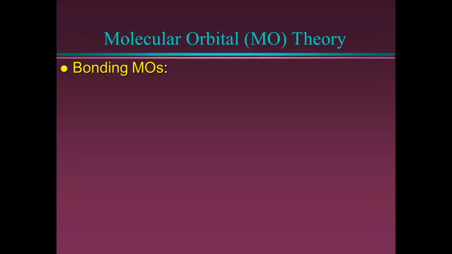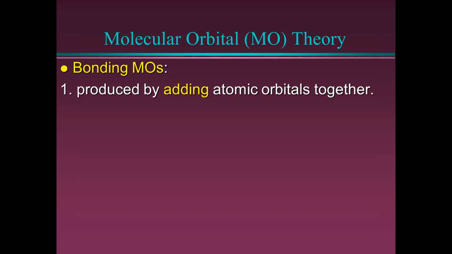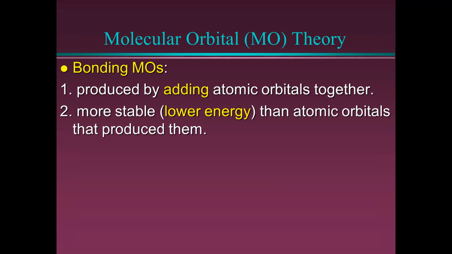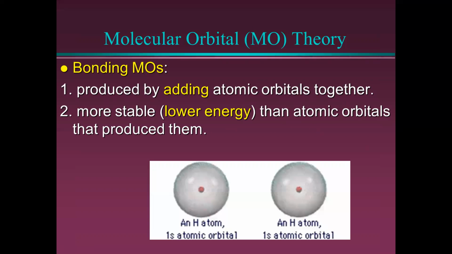So this is molecular orbital theory based on that wave idea. According to this theory, the bonding molecular orbitals are produced by adding atomic orbitals together. They are more stable than the atomic orbitals that produced them. This is why they can form the bonds.